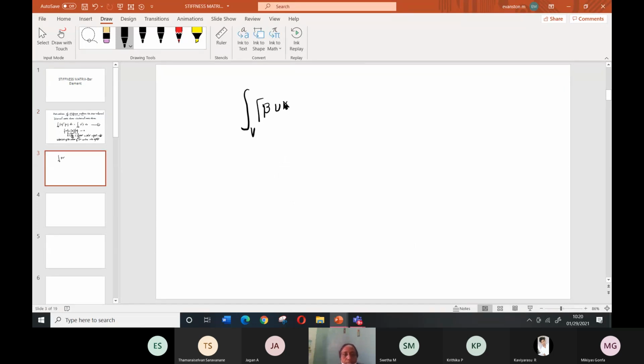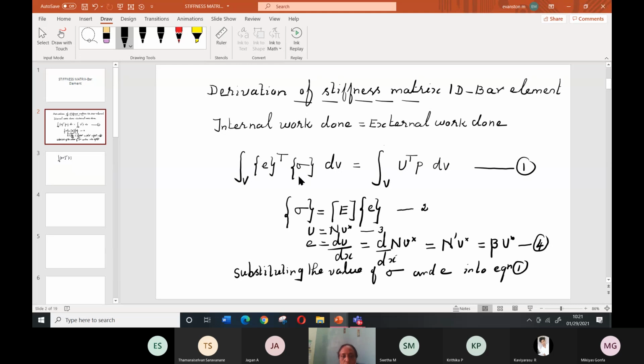So that is the transpose into stress, and stress is equal to Young's modulus into strain. Again, strain is equal to beta into U star. Am I correct? Already you have this equation, we have E transpose, then sigma also you have E into e.